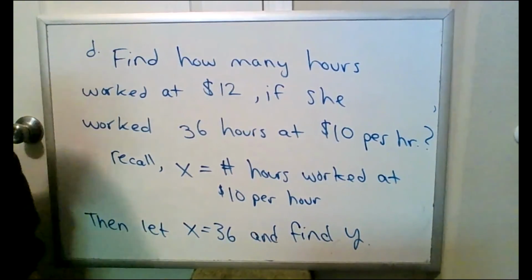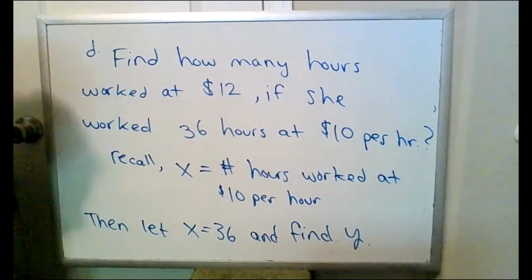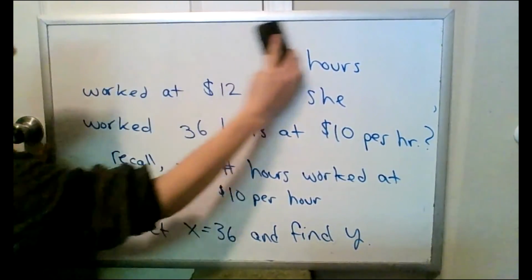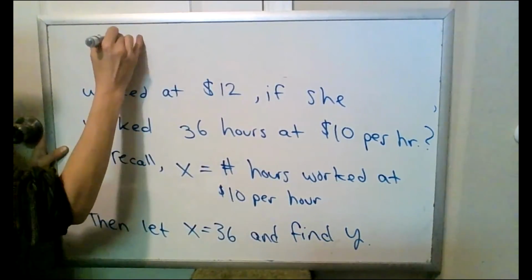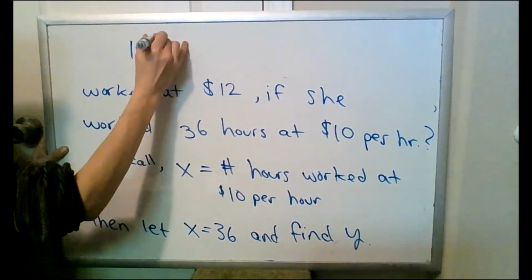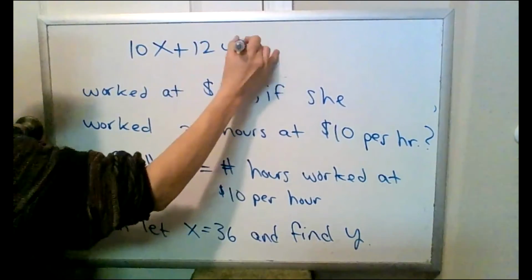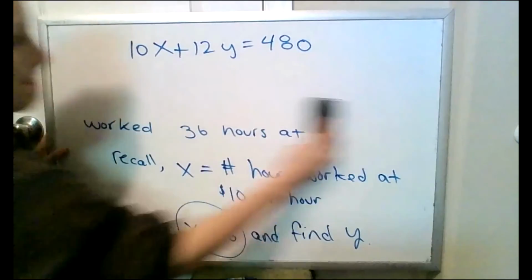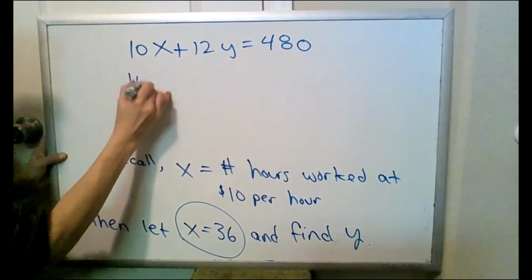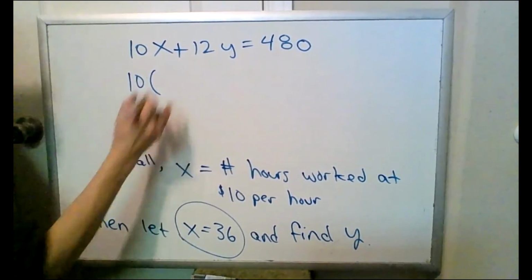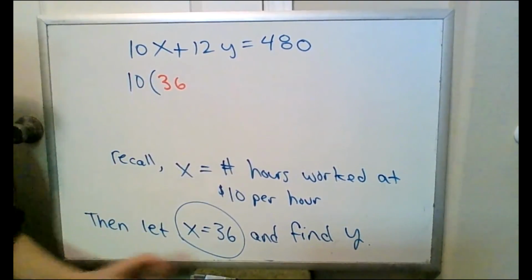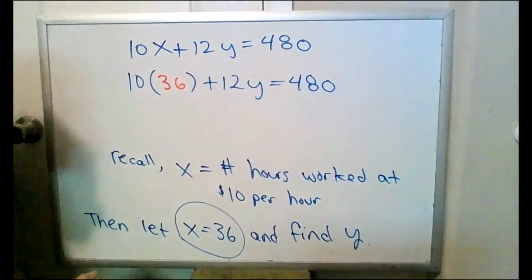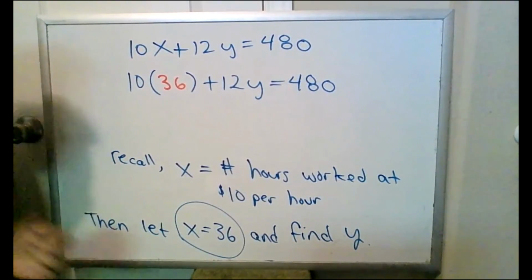So in our equation, which was 10x plus 12y equals 480, putting in x equals 36. Okay, so I've got 360 plus 12y equals 480.